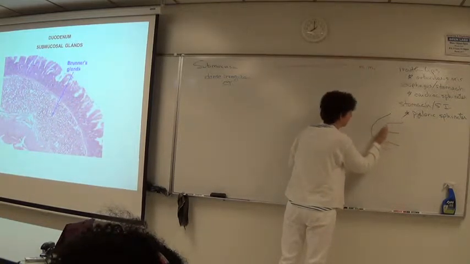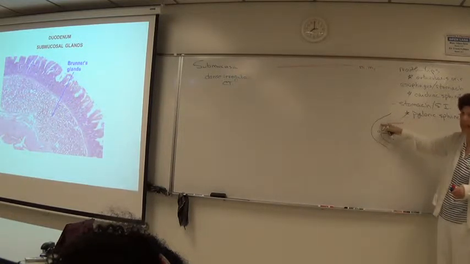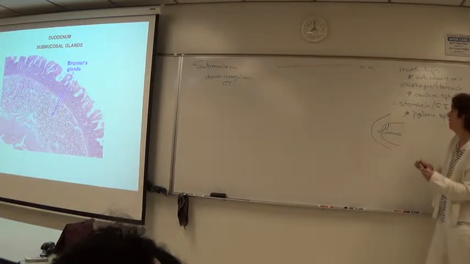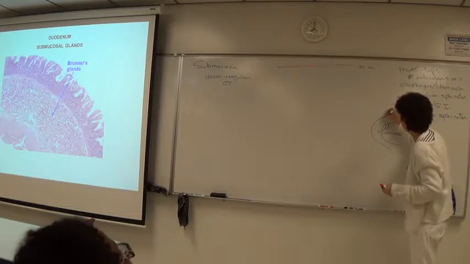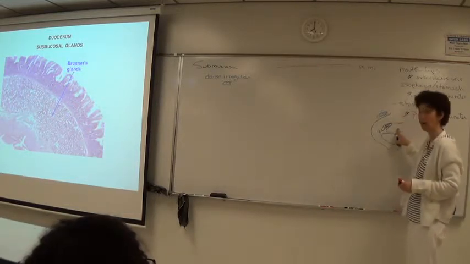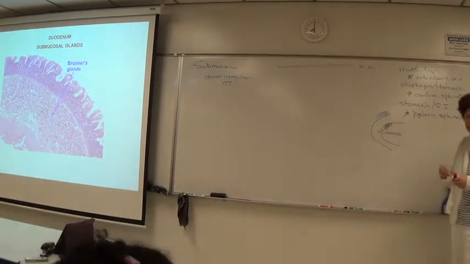So our bicarbonate ions from the pancreas really didn't get in until about here, but we've got all this acidic chyme coming from the stomach. So to protect the cells of the duodenum from all that acidity, because that's not going to get neutralized until we get the bicarbonate ions from the pancreas, we have these submucosal glands.